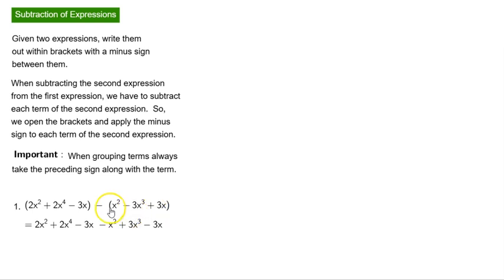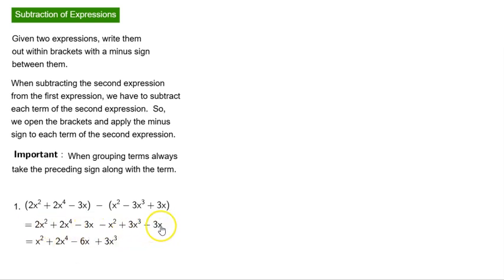Now each term has to be subtracted. So we open the bracket by reversing the signs. If nothing is there, it is plus. So plus becomes minus. Minus becomes plus. Plus becomes minus. Now 2x square minus x square is x square. Plus 2x to the power of 4.